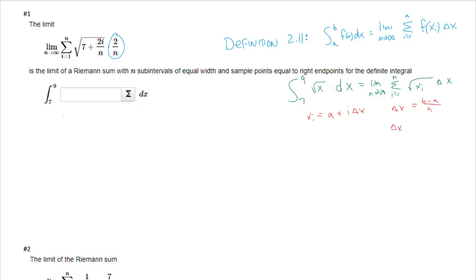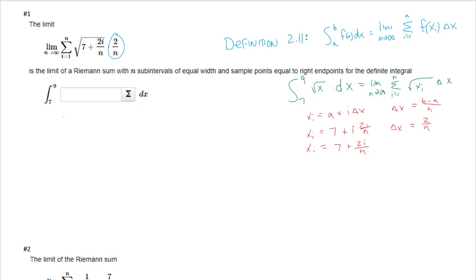So in this case, delta x is equal to 2 over n, because 9 minus 7 is 2, and x sub i is equal to 7 plus i times 2 over n, and oftentimes people will write that as 2i over n. Okay, that's our x sub i.